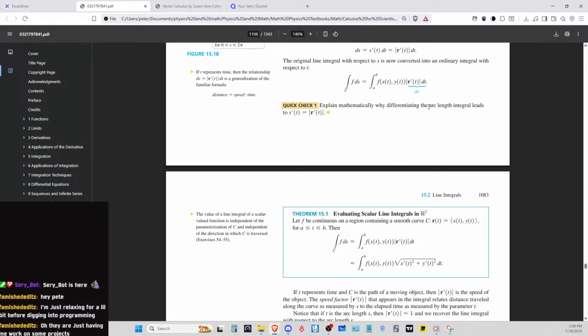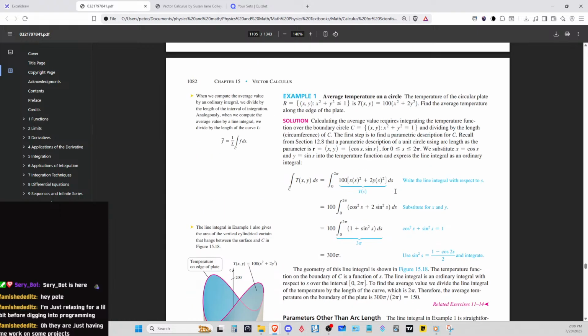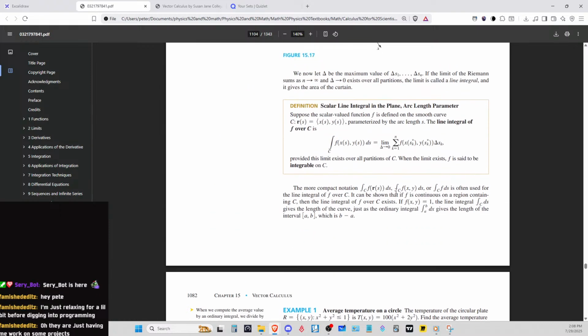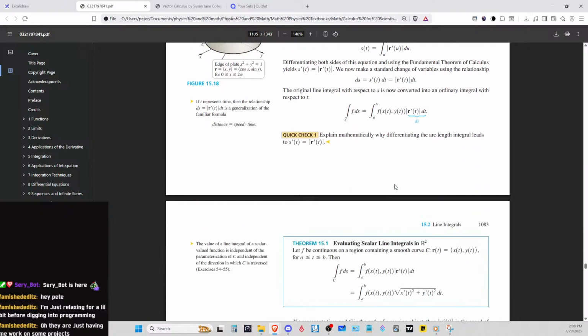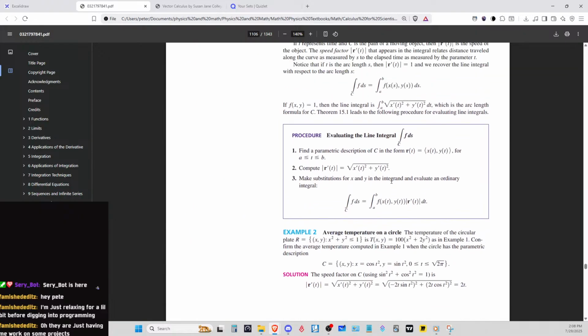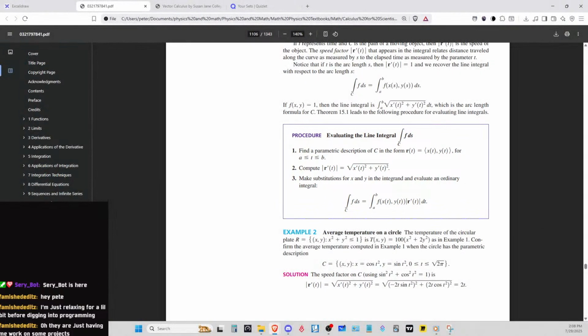Explain mathematically why differentiating the arc length integral leads to... let's see, evaluating the line integral. Okay, so I probably should capture this one too.